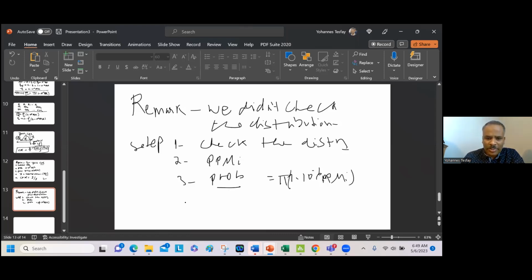Then from the probability, step 4 is Z. Z equals the inverse normal of 1 plus P over 2. And the fifth step is CPK.